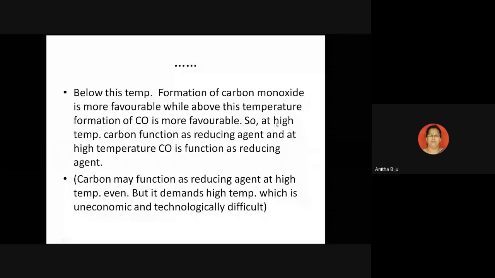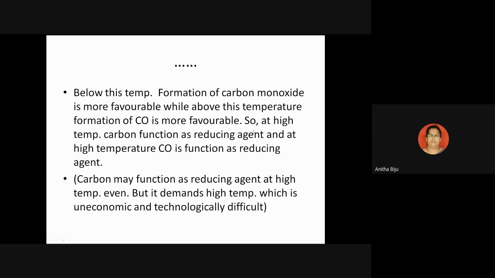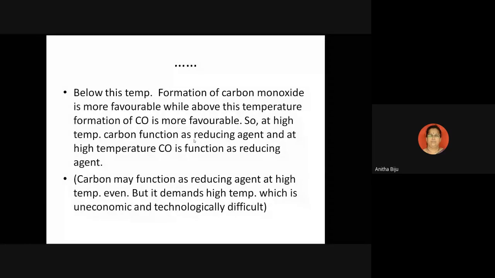So this conclusion is very important. At high temperature, carbon functions as a reducing agent. Underline this. At high temperature, carbon functions as a reducing agent, while at lower temperature, here you mention lower.